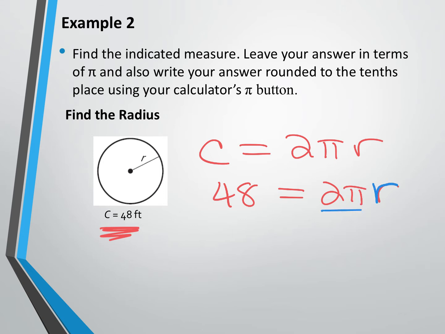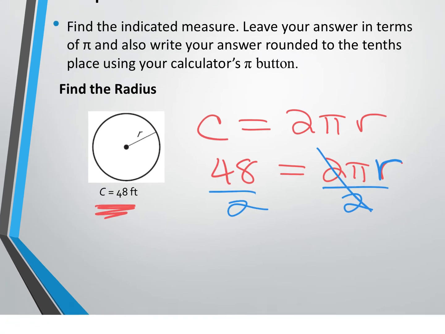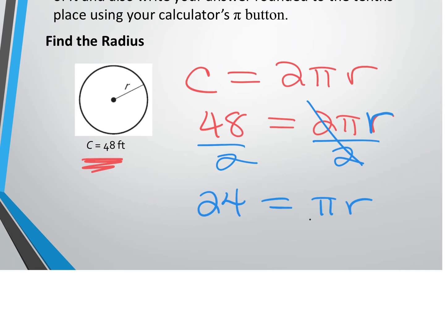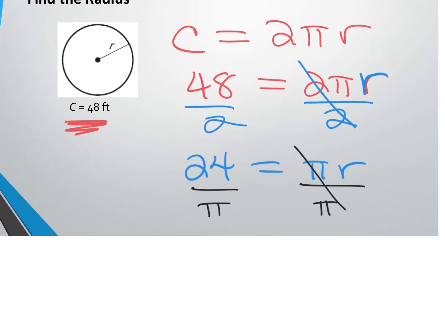So I'm going to first divide everything by 2. If you want to divide by the 2 pi at the same time, you can. But this will give me 24 equals pi r. And now to solve for the radius, to isolate it, divide by pi. And then the final answer left in terms of pi is 24 over pi feet.